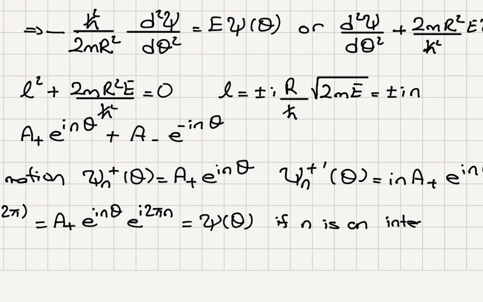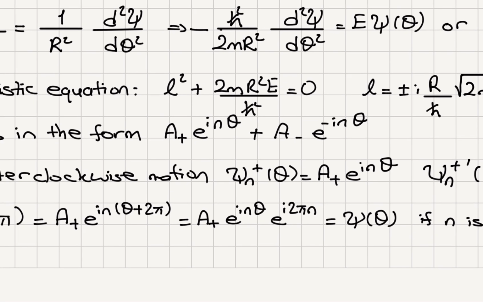So that I have cosine 2 pi n, which is 1, plus i sine 2 pi n, which is 0. So this is going to give me 1 here, which will give me the same wave function.